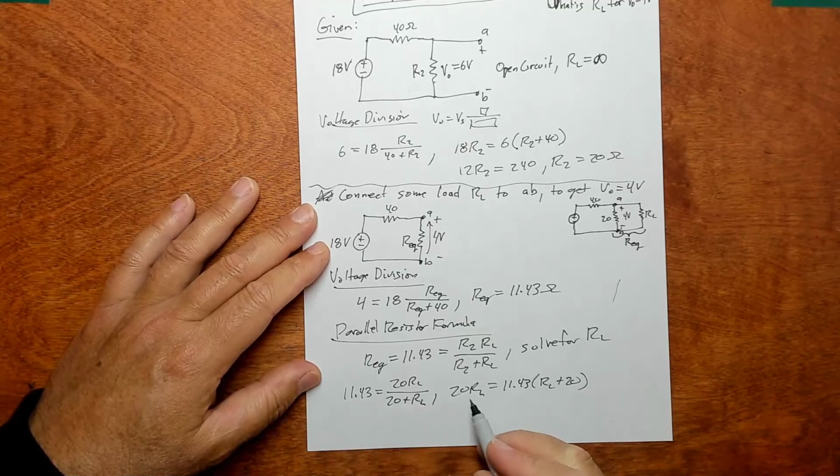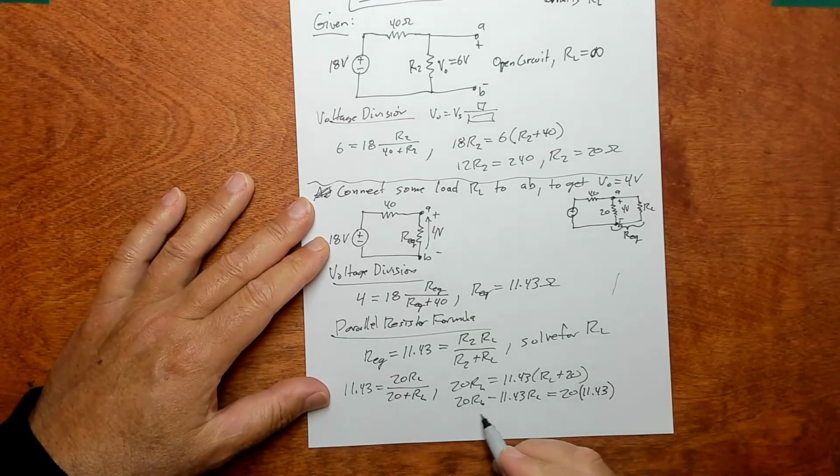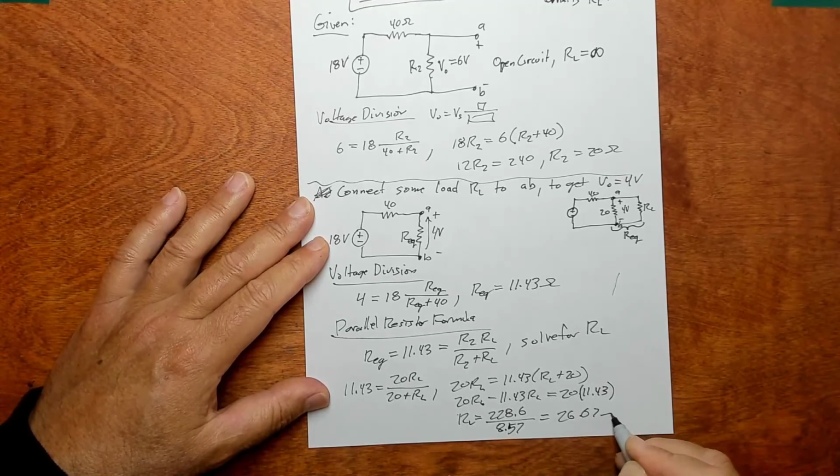Just moving that over, and then 20 RL minus 11.43 RL equals 20 times 11.43, and therefore RL is going to be 228.6, and then factoring out the RL and subtracting 11.43 from 20, we end up with 8.57, and that's going to be 26.67 ohms. That's the new value of RL.